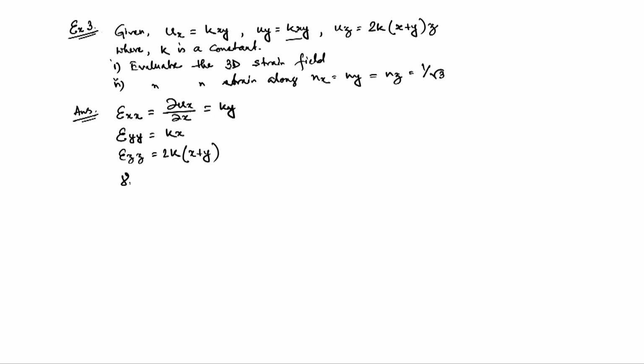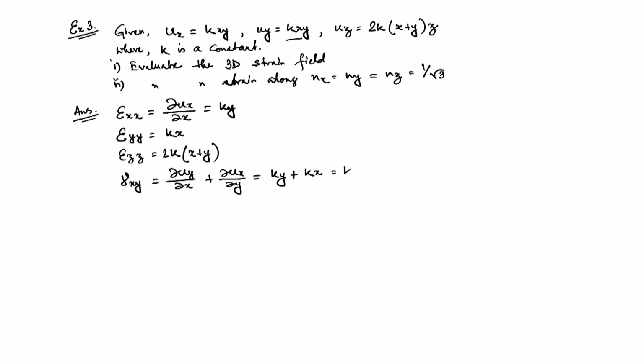Now, we can find out shear strains. So, for this we have uy differentiated with respect to x and then ux differentiated with respect to y. So, uy with respect to x, we have k times y plus, second term is k times x.